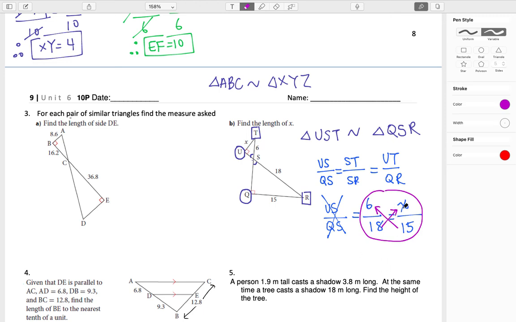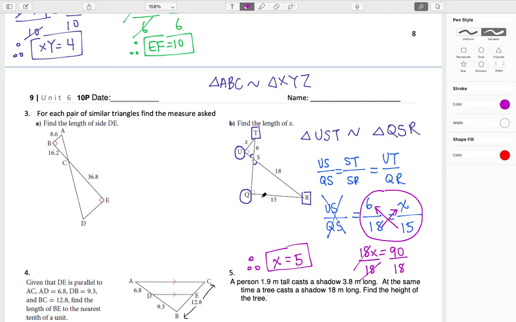So 18 times x is 18x equals 15 times 6, which is 90. And then whatever's in front of x, we're going to divide by that number. So 18 and 18 cancel. So x is equal to 90 divided by 18, which is 5. Therefore, x is equal to 5 units.